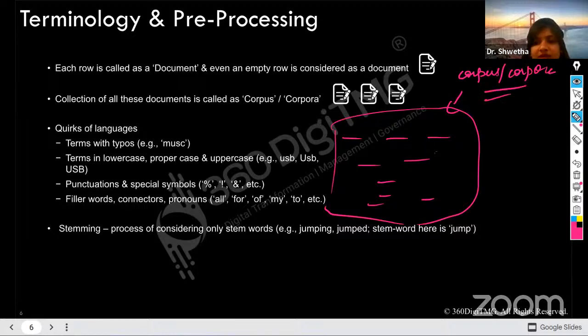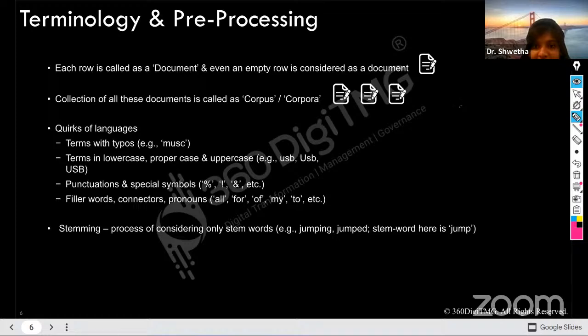And each row in this is called a document. Even if there is an empty row, it is called a document. So the collection of all these is called a corpus, whereas each row is called a document. These are some of the commonly used terminologies in text mining.